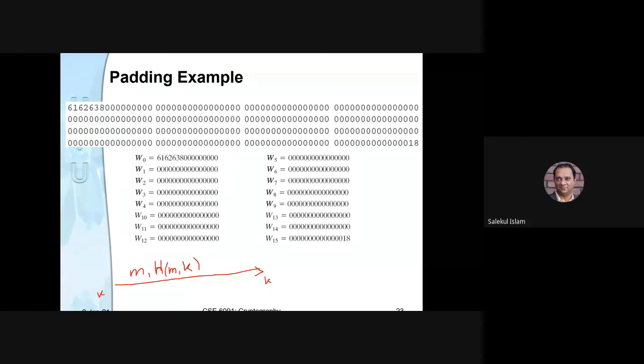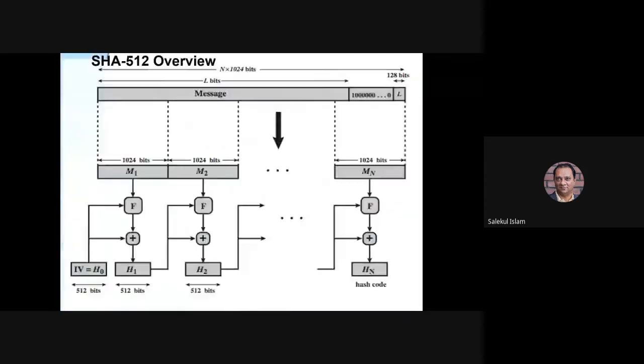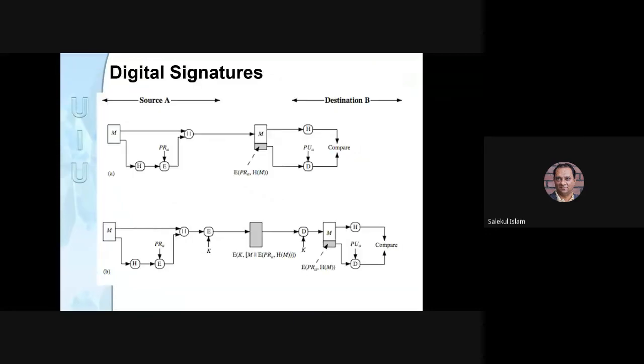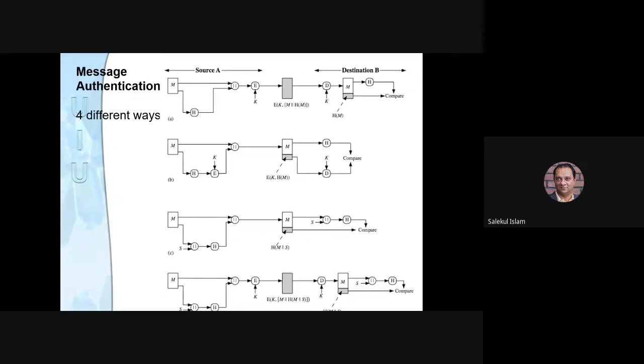Okay, we have already answered that question here, right? We can use it in different ways. So if you use it only in this way, then this is only providing us integrity, right?